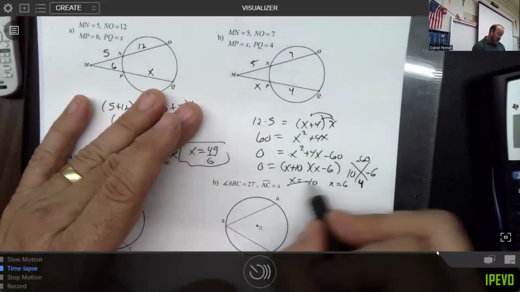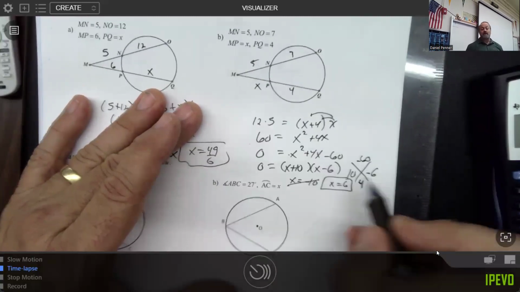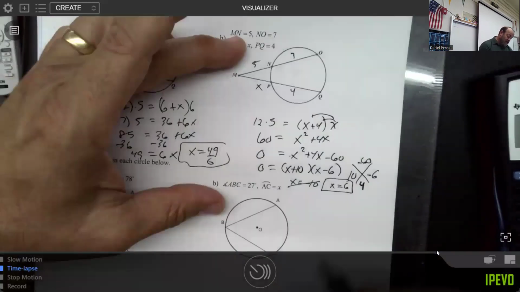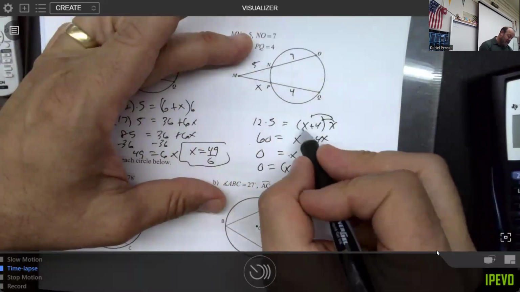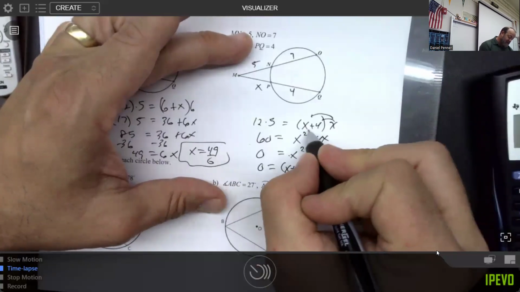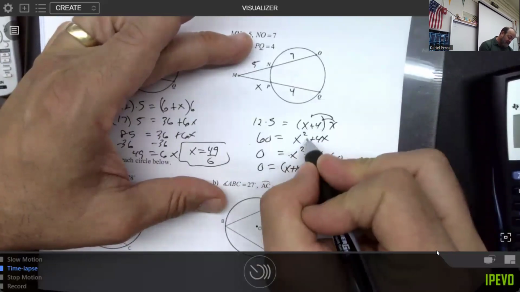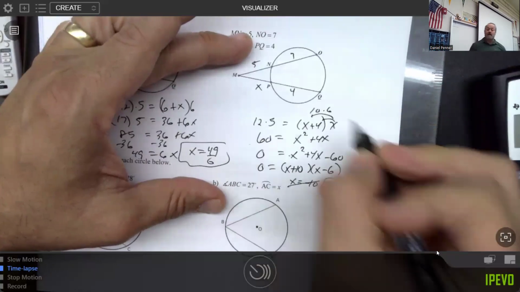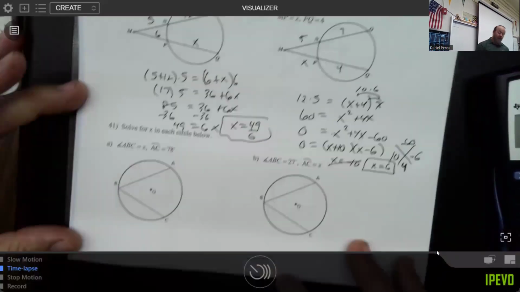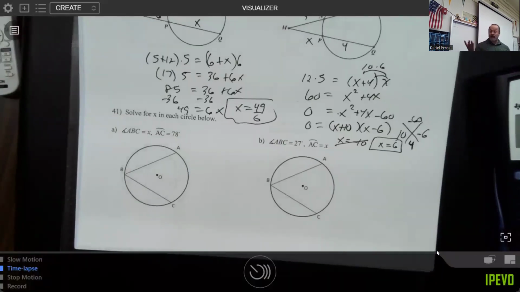So that means x equals 6 is the only value that is legitimately true. But like I said, let's go ahead and check this. So if x is 6, we already said this was 60, and if x is 6, that would be 10 times 6. And what do you know? 10 times 6 is, again, 60. So we did okay. All right, moving on to angles instead of segment lengths.